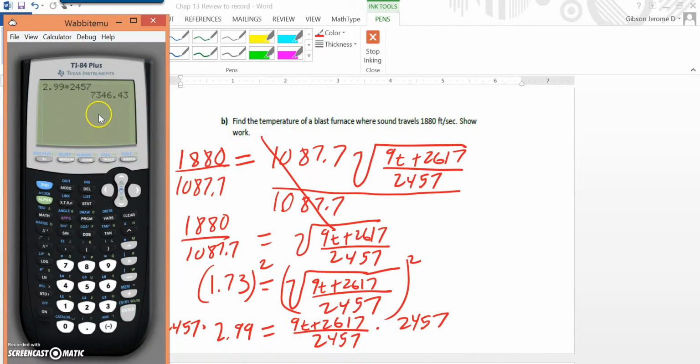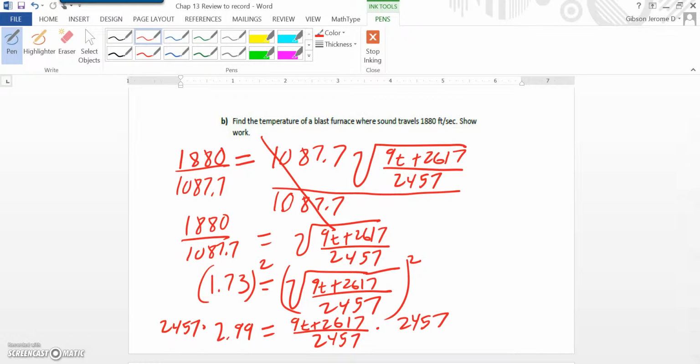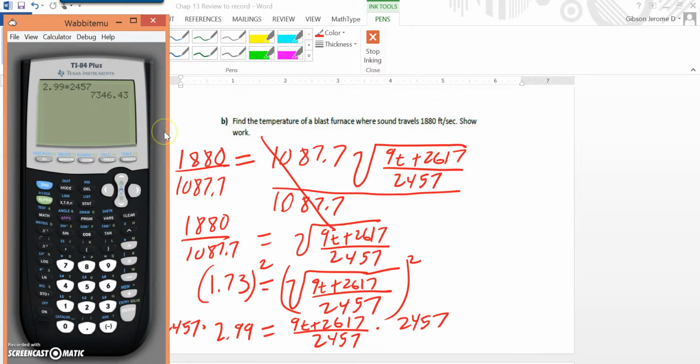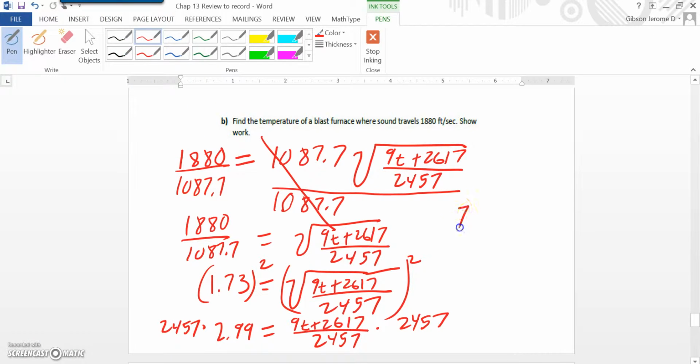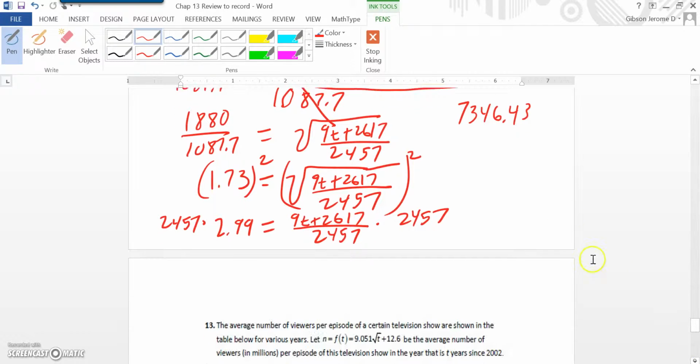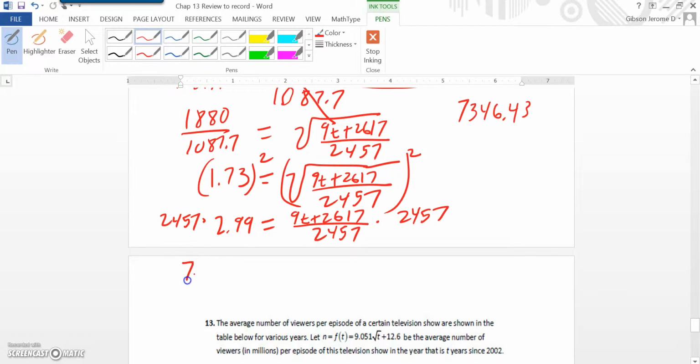And that will give us, and we will write this over here, 7,346.43. And I need a little bit more space here, so let me write that down here. So it'd be 7,346.43, and that would equal 9T plus 2,617.